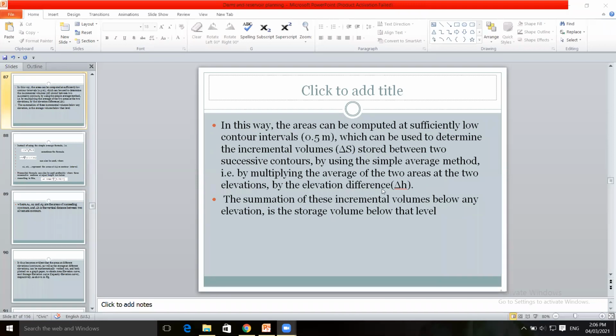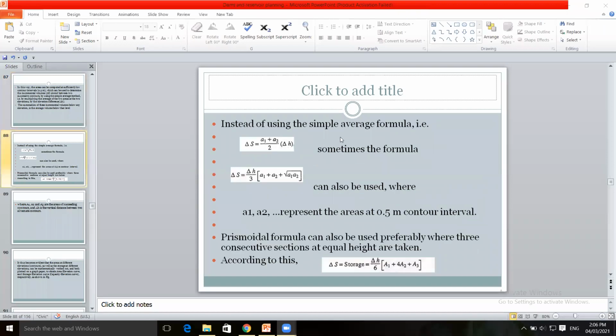By adding all these incremental volumes, that gives the total storage volume of the reservoir. The simple average formula or trapezoidal formula used for determining this volume is delta S is equal to (A1 plus A2) divided by 2 into delta H.